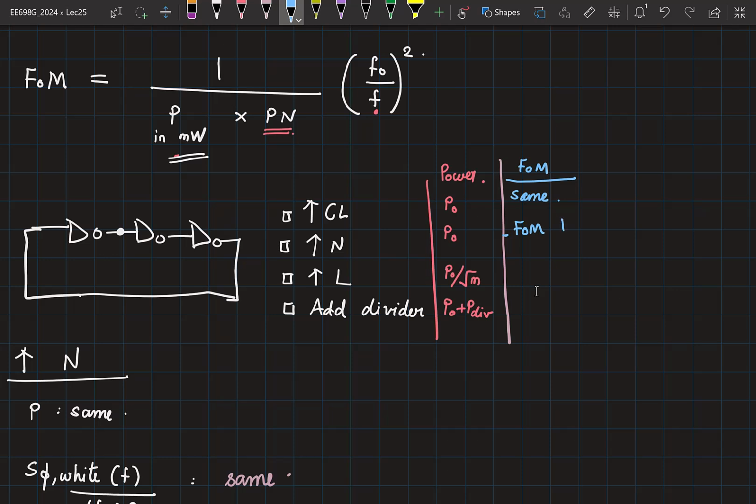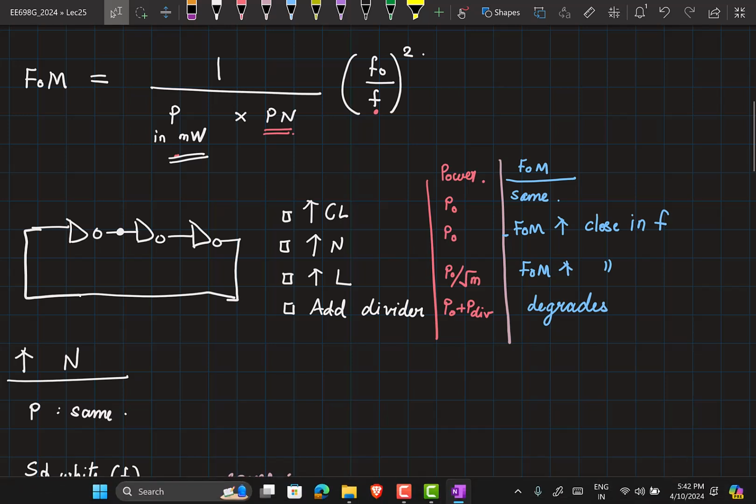So FOM improves for close in frequencies. What about increasing L? Same, right? So FOM improves for close in frequency and this one degrades. So now that you have seen 4 methods and how the power and FOM are changing, which of these methods do you think you will rely on?